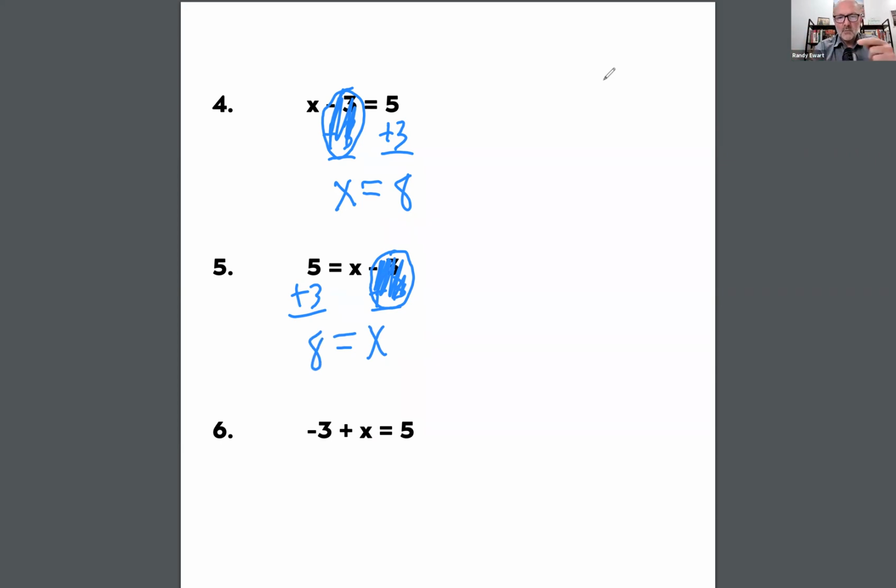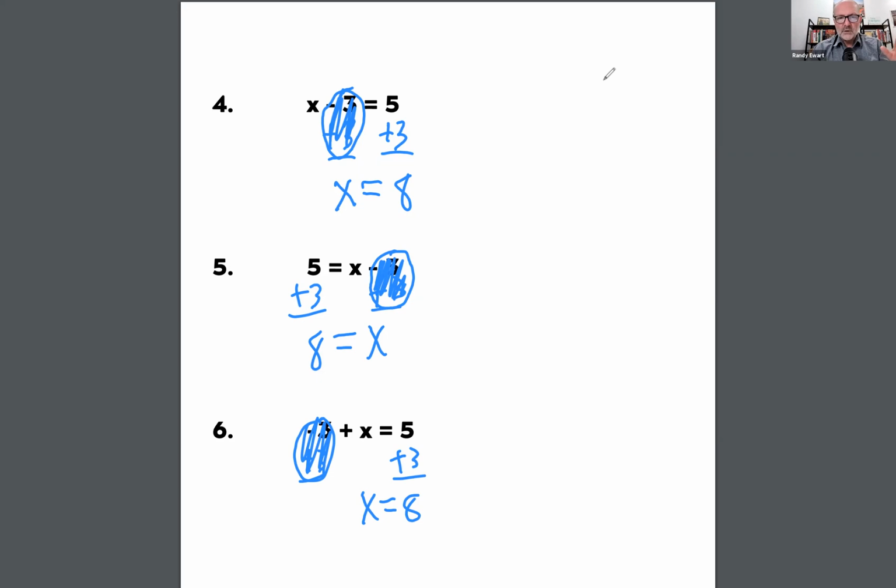I can switch the numbers. It's still a negative 3, or minus 3, it's kind of the same. It's a negative 3, so I'm going to do a plus 3 to both sides. Negative 3, positive 3, gone. X equals 8. Done.